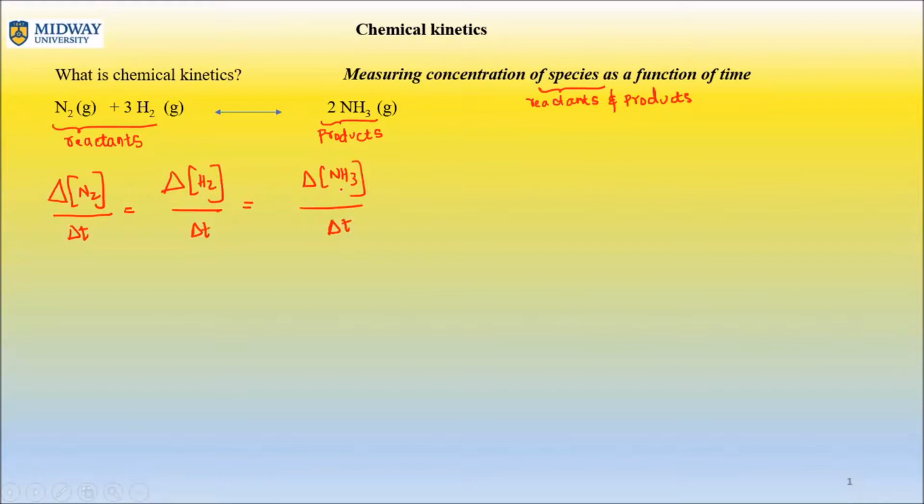The delta on top refers to change in concentration. The delta on the bottom, with t, refers to change in time. So essentially what I'm saying here is change in concentration over change in time. This is what a rate really refers to.